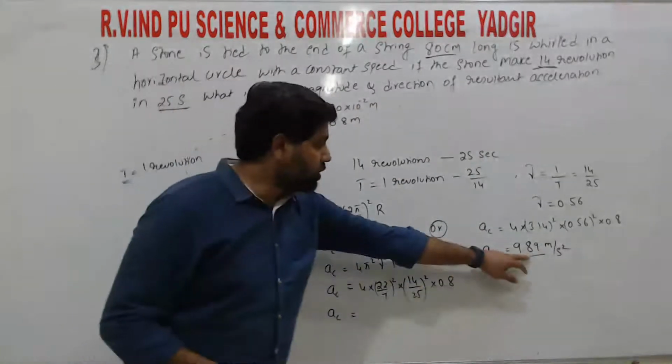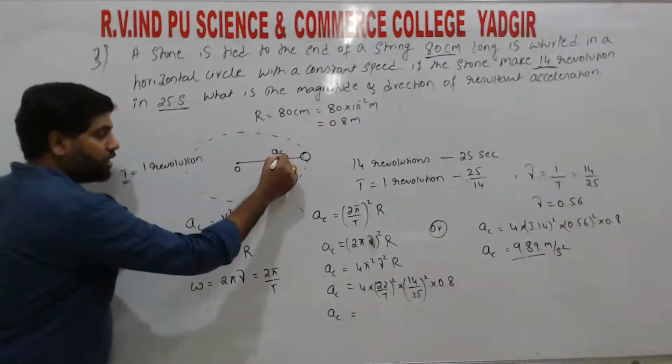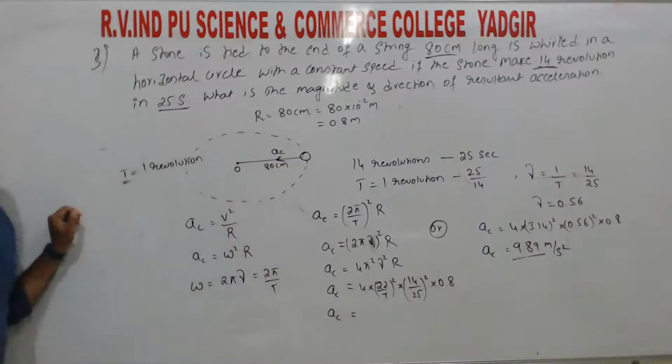So this gives the magnitude of the acceleration, and the direction is always towards the center of the circle.